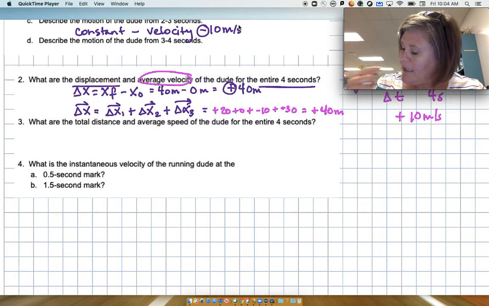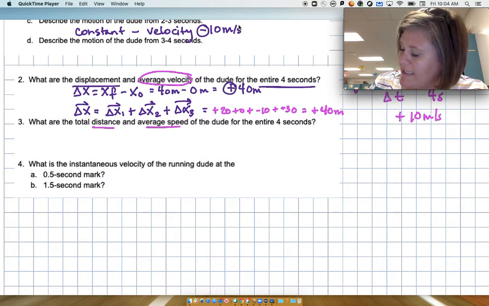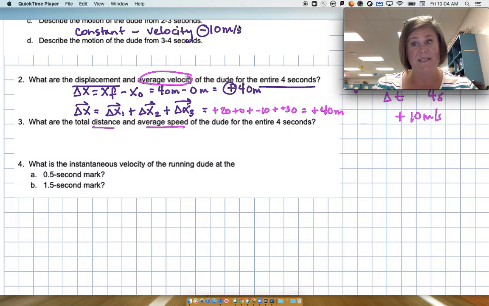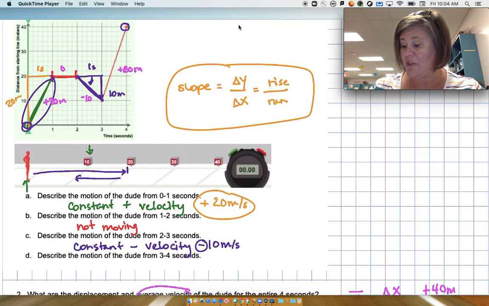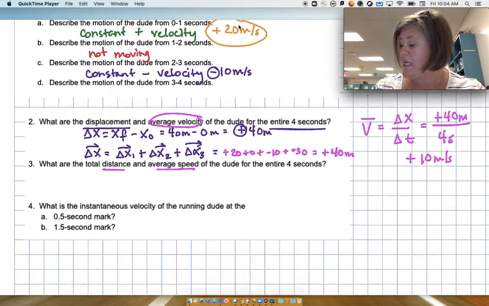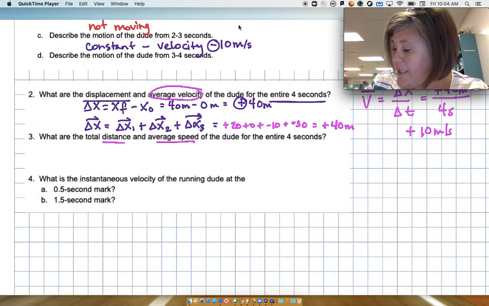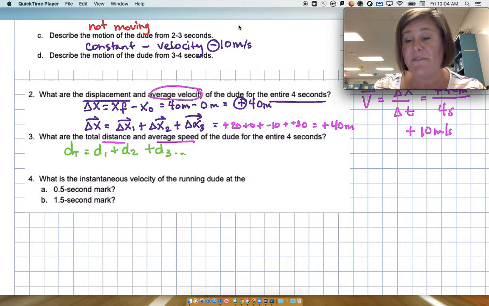Let's see. Then it's asking for distance and speed, which the distance is going to be different than the displacement because the guy changed directions there during that third second. So the total distance is just d1 plus d2 plus d3 and so forth, not accounting for direction because distance is a scalar quantity.